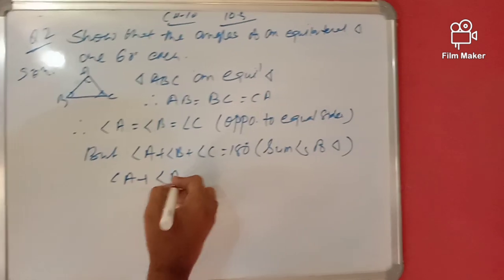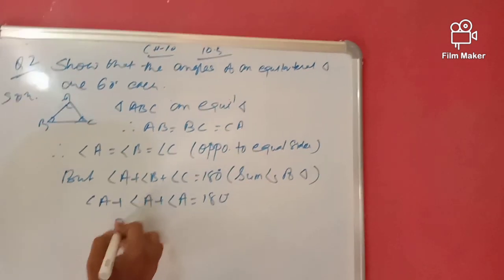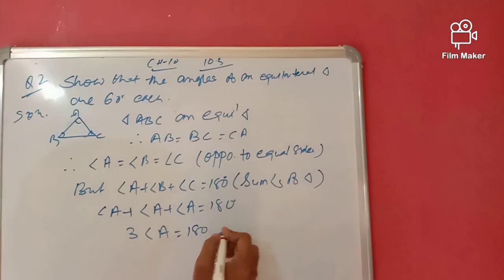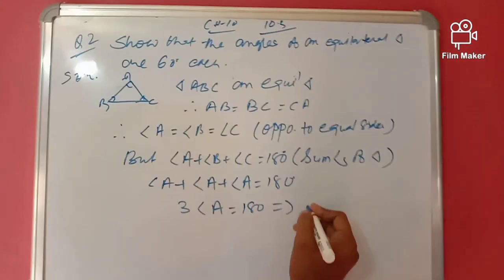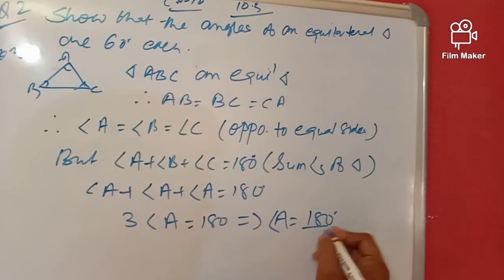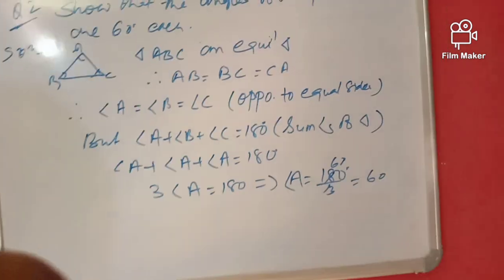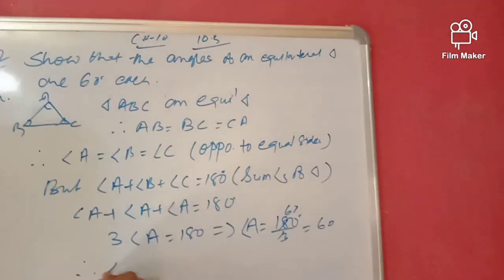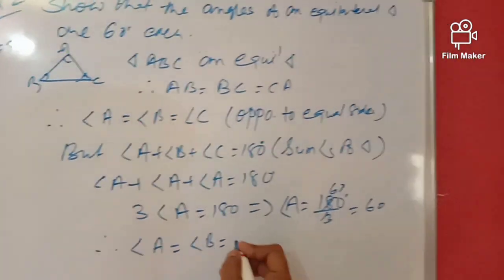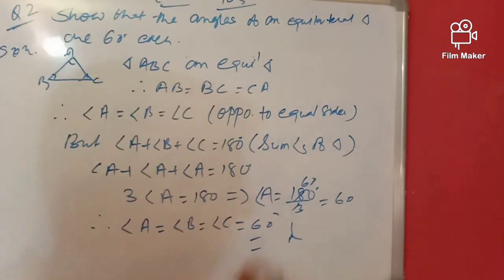Therefore we can write angle A plus angle A plus angle A equal to 180 degree. 3 angle A equal to 180 degree, so angle A equal to 180 by 3, that is 60 degree. So this is what I wanted to show. Write down angle A equal to angle B equal to angle C.